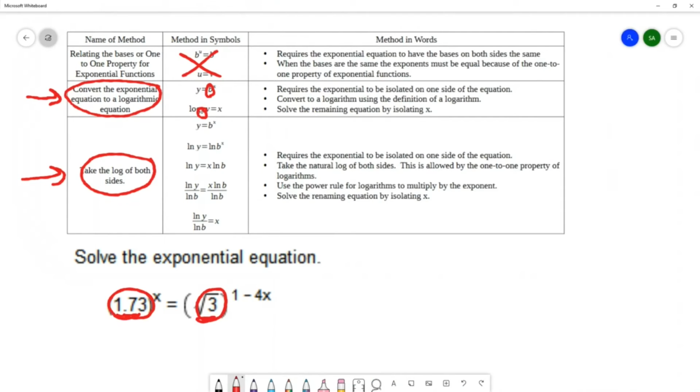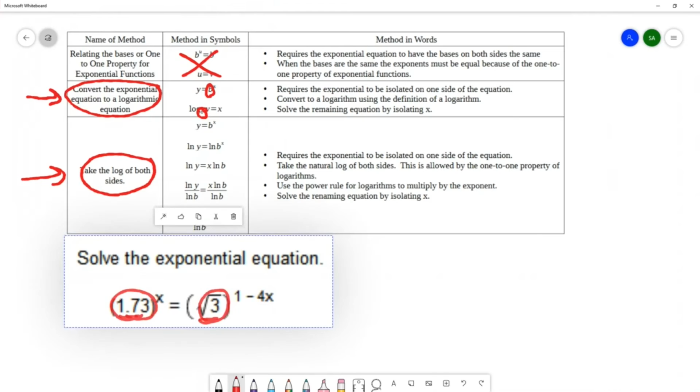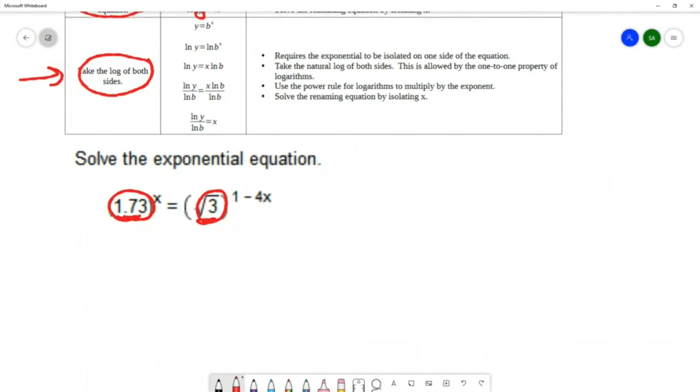So let's take a look. Let's start by rewriting the question. We have 1.73 to the x equals square root of 3 to the 1 minus 4x power. The first step is that I'm going to take the natural log of both sides.